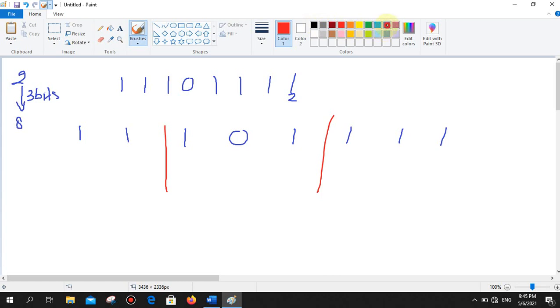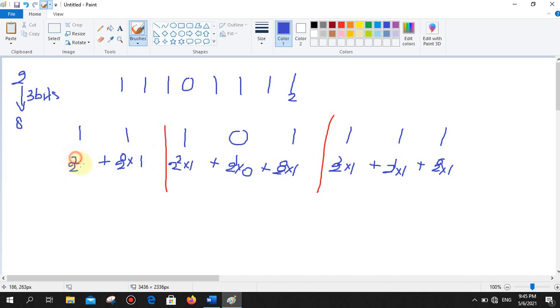Right, so after that we'll convert: 2 to the power of 0 into 1 plus 2 to the power of 1 into 1 plus 2 to the power of 2 into 1, and here 2 to the power of 0 again, 1 plus 2 to the power of 1 into 0 plus 2 to the power of 2 into 1, and this section 2 to the power of 0 into 1 plus 2 to the power of 1 into 1.